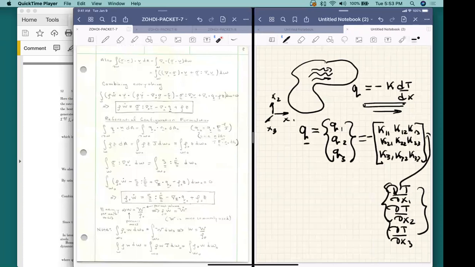So that matrix equation, written a little bit more elegantly, says Q is equal to minus the conductivity tensor.